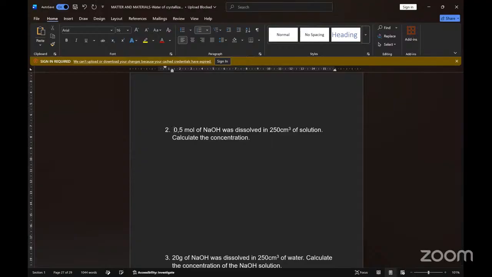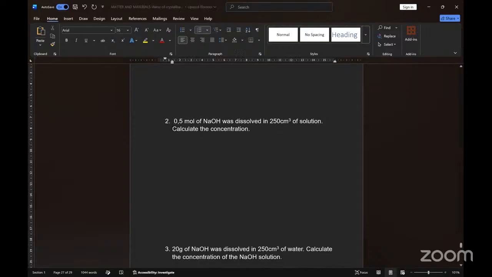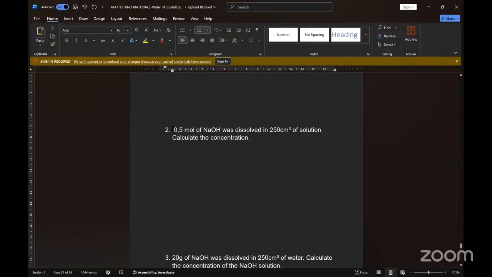Then the second example is 0,5 mole of sodium hydroxide was dissolved in 250 centimeters cube of solution. Calculate the concentration. So again, you use your formula. Concentration is number of moles over volume. Your number of moles is 0,5, there's no problem about it. Your volume is not in decimeter cube.